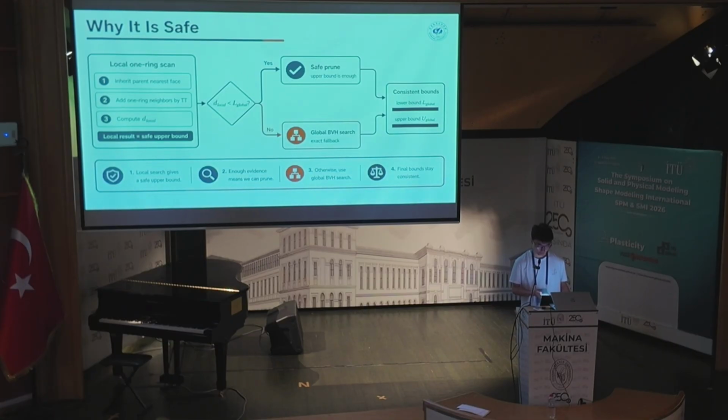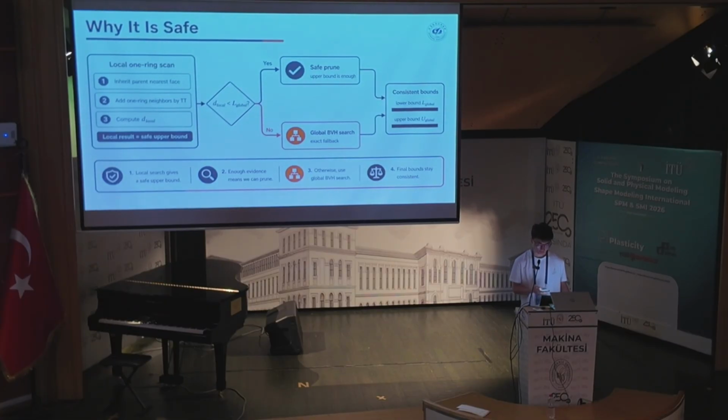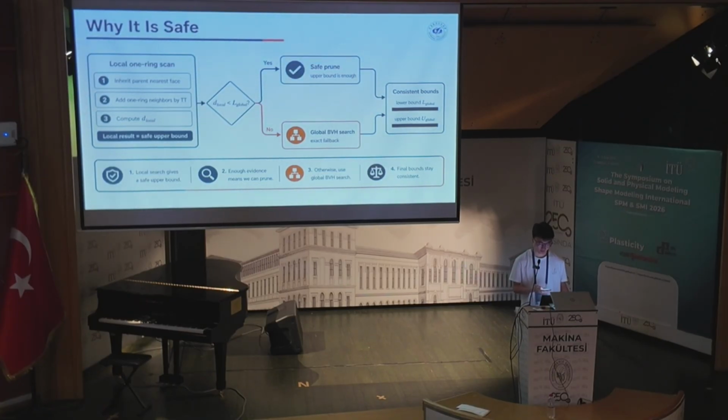So we can safely skip the global query. If the local is not enough for pruning, we fall back to the global search. The global query gives the exact nearest distance. This fallback keeps the same accuracy target as the baseline. The speedup comes from skipping unnecessary queries. It doesn't come from changing the final error bound.